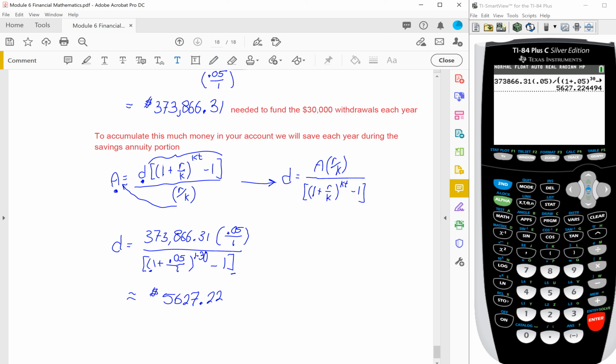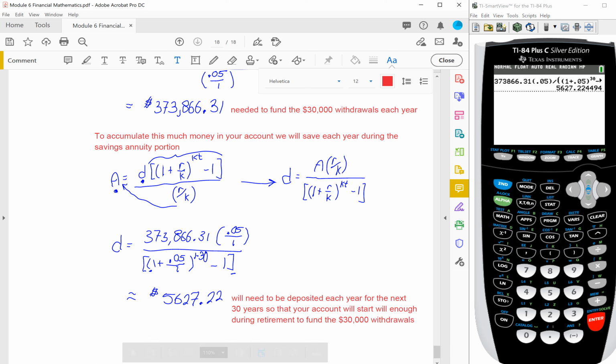And to understand this, let's put a sentence next to it. This amount will need to be deposited each year for the next 30 years so that your account will start with enough during retirement to fund the $30,000 withdrawals.